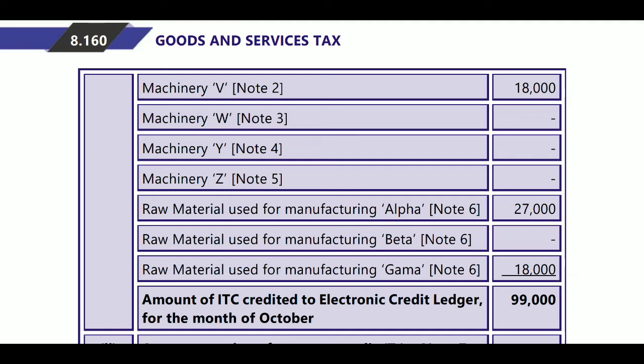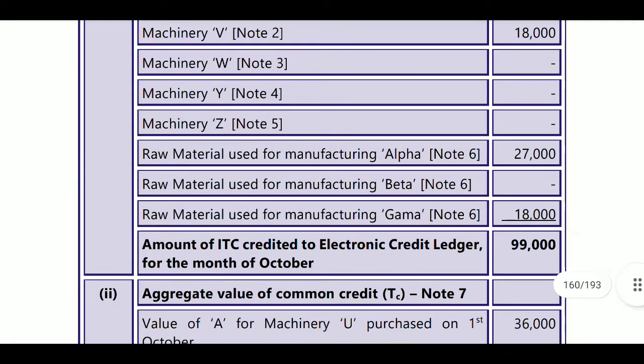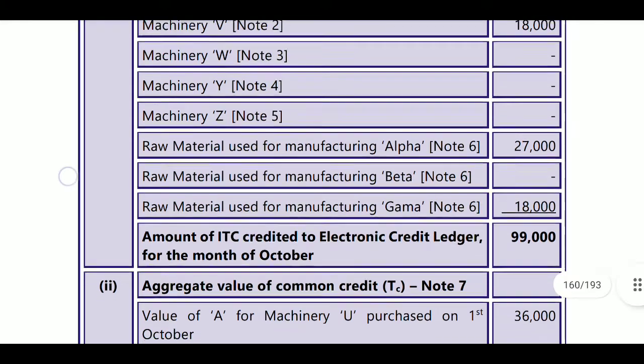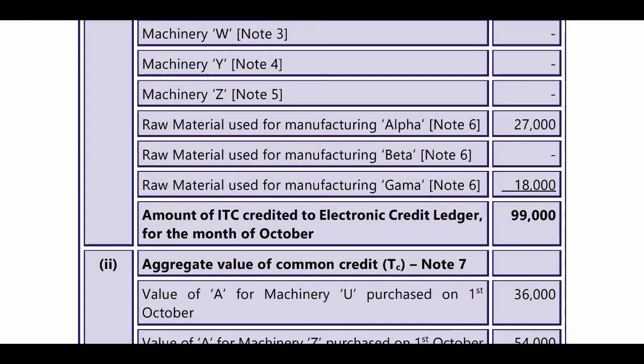U, Y, Z will be taken for common credit because this is not related to this month. Next, raw materials used for manufacturing alpha will be considered, and for manufacturing beta it is not considered because it is not taxable, it is an exempted product. Next, raw materials used for manufacturing gamma will be considered. So the total amount in the electronic credit ledger available for the month of October will be 99,000.